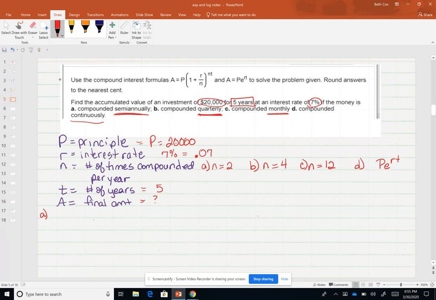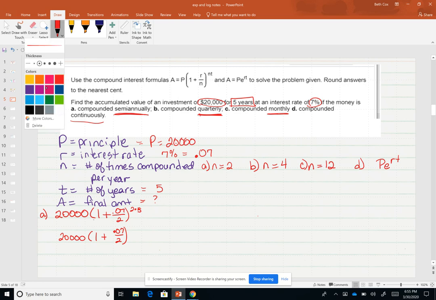So the first one, we're going to do 20,000 times 1 plus 0.07 over 2, raised to the 2 times 5 power. What you're going to do is the 2 times 5 power first, because if you don't, you will not type it in the calculator correctly. You've got to be real careful with that.